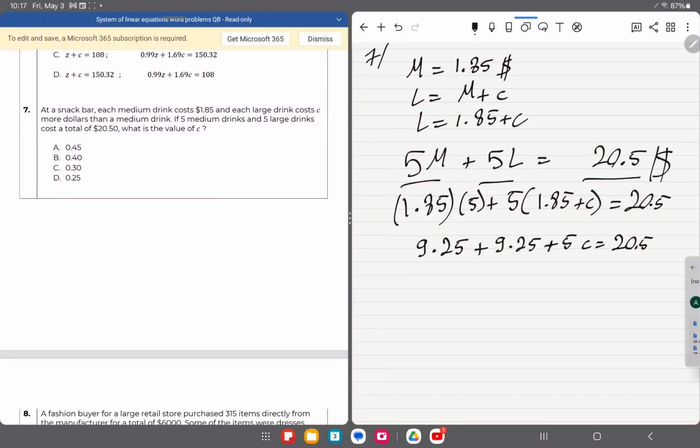So 20.5 minus 9.25 minus 9.25, 5C is equal to 2. C is equal to 2 divided by 5, 0.4. Now, what is the value? This one is B.